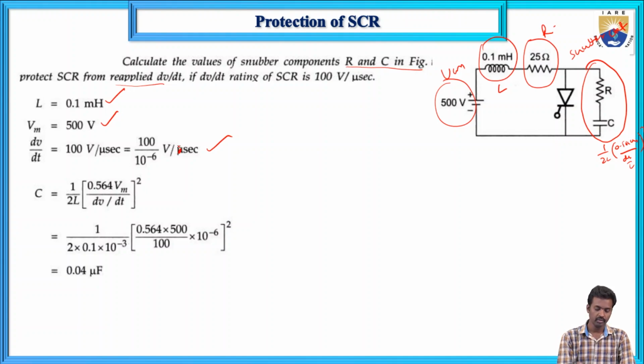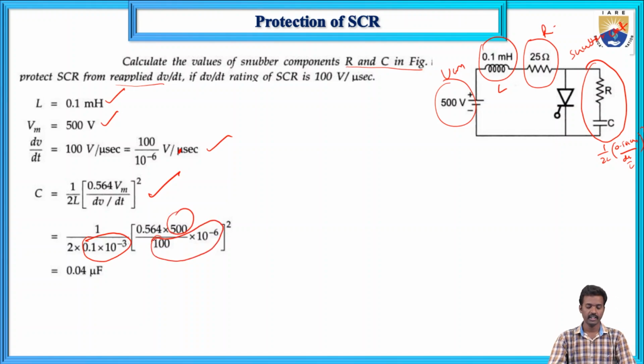This is the L value, this is the Vm value, and this is dV/dt. And this value equals 0.04 microfarads.